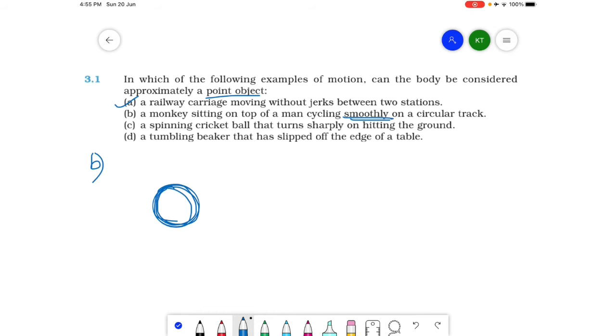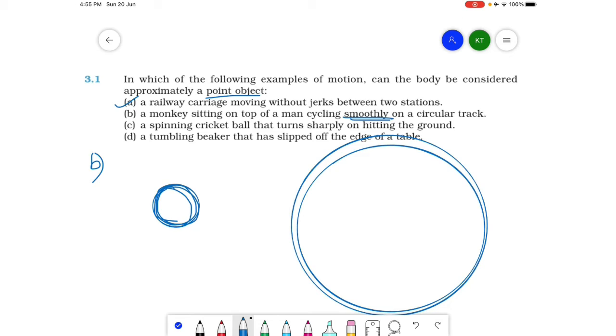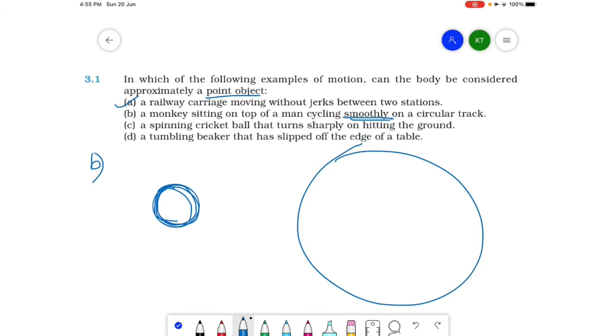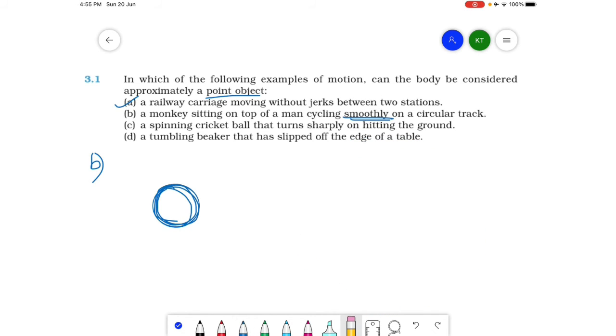They've mentioned smooth here. So if it's a large circular track, a big circular track with a large distance, then it will be a smooth track. In this case, they mentioned it is a smooth track, so that means the distance that we have is very large.